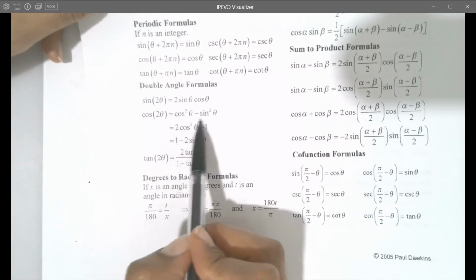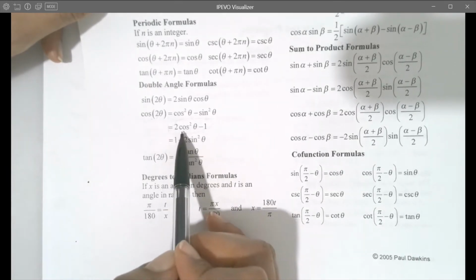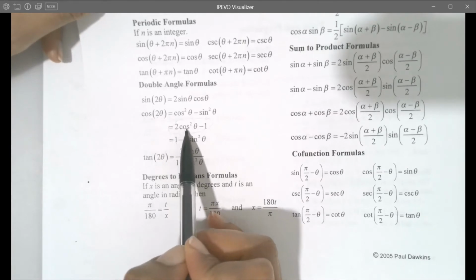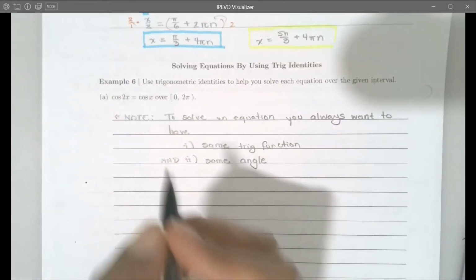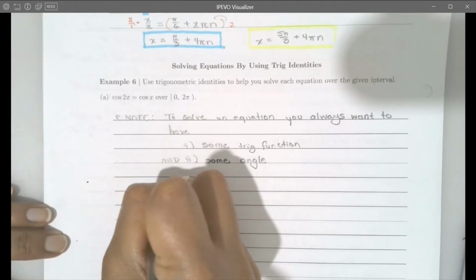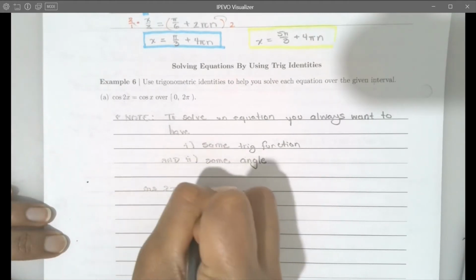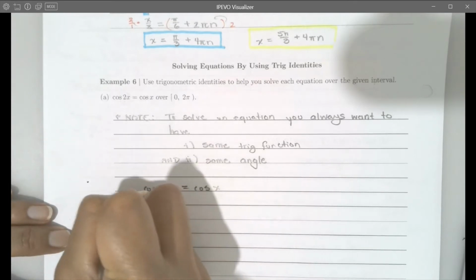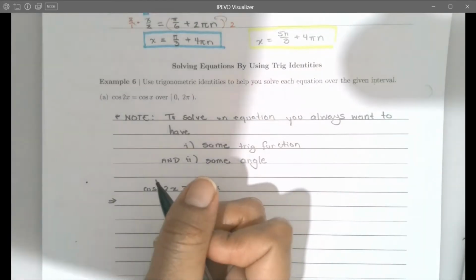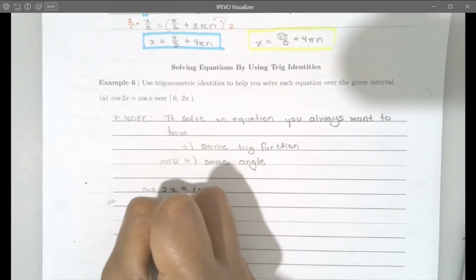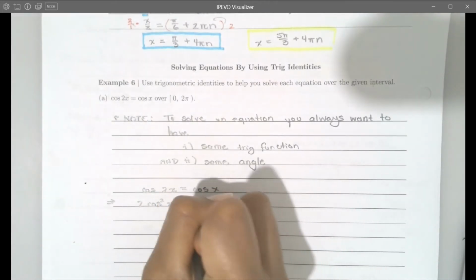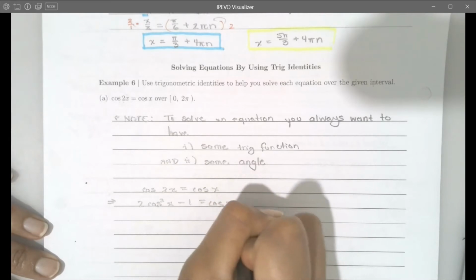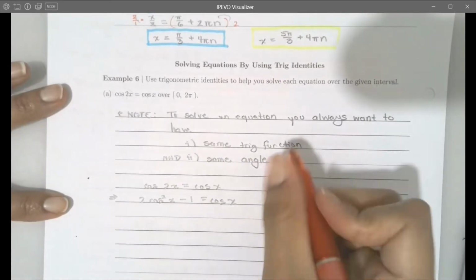The second one would probably be the most appropriate because we have 2 times cosine of the angle squared minus 1. Okay, so I'll rewrite it down here. Cosine 2x is equal to cosine x becomes 2 times cosine squared x minus 1 equals cosine x by double angle formula.